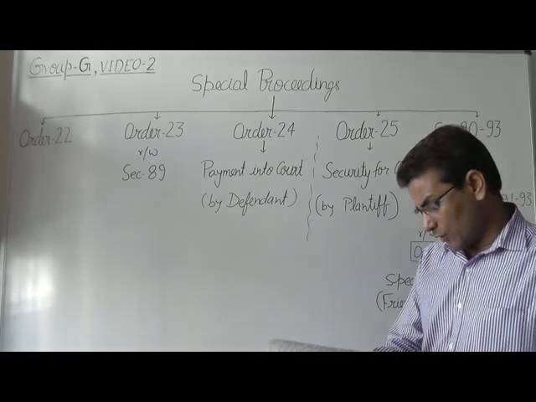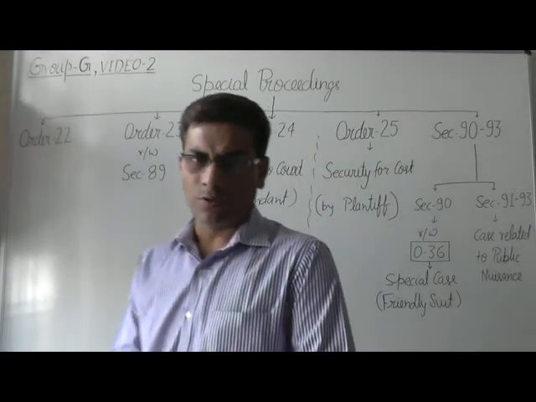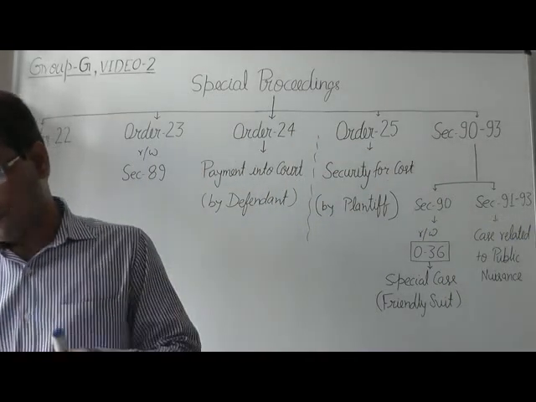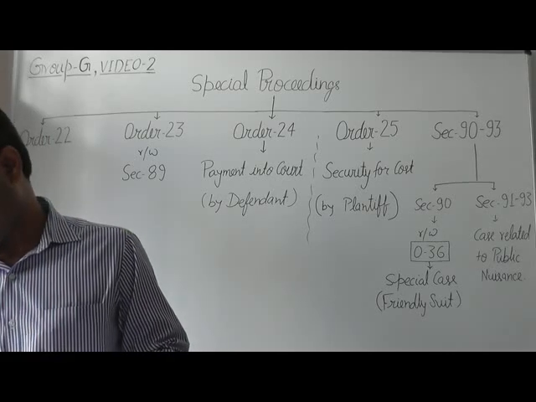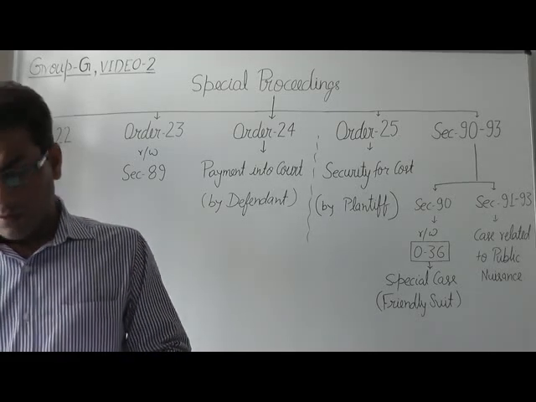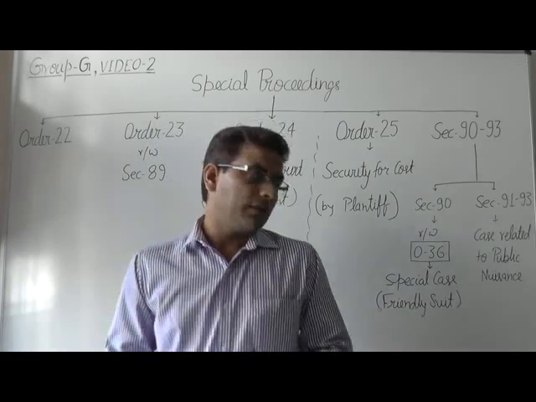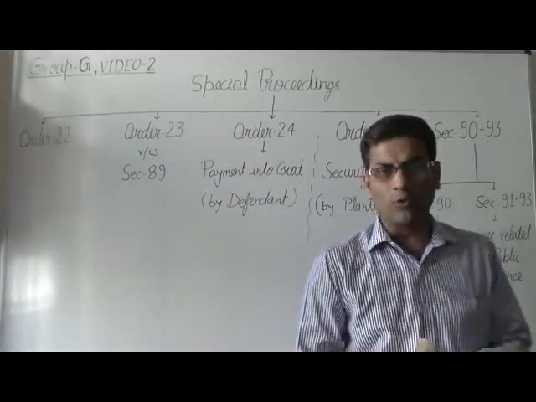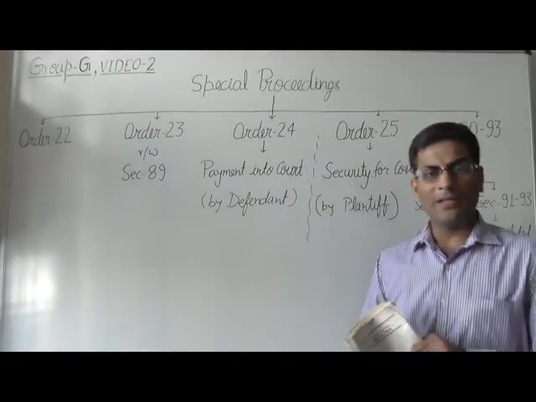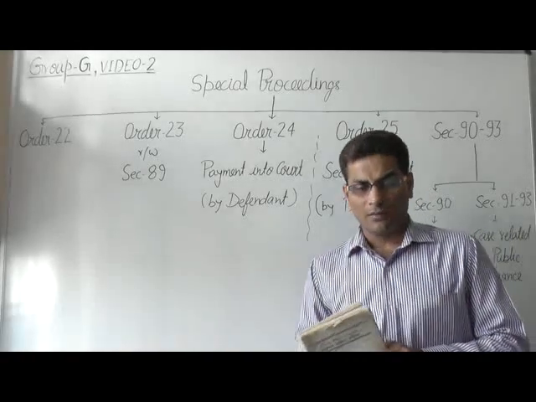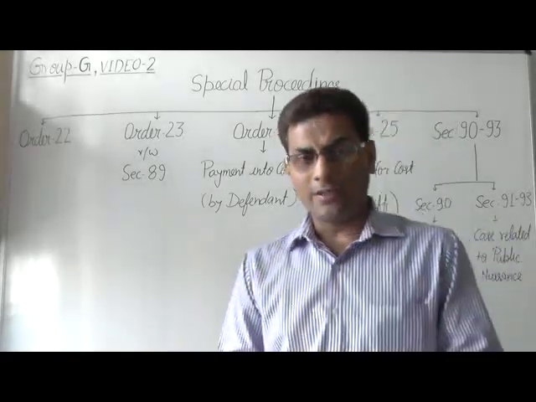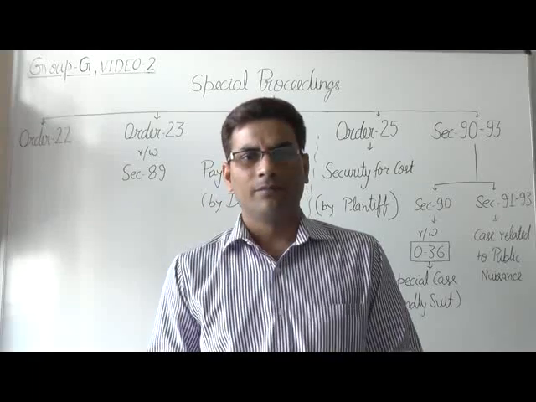Order 25 is not applied always in every suit. It is applied only where either the plaintiff has no immovable property in India, or he is a non-resident of India.